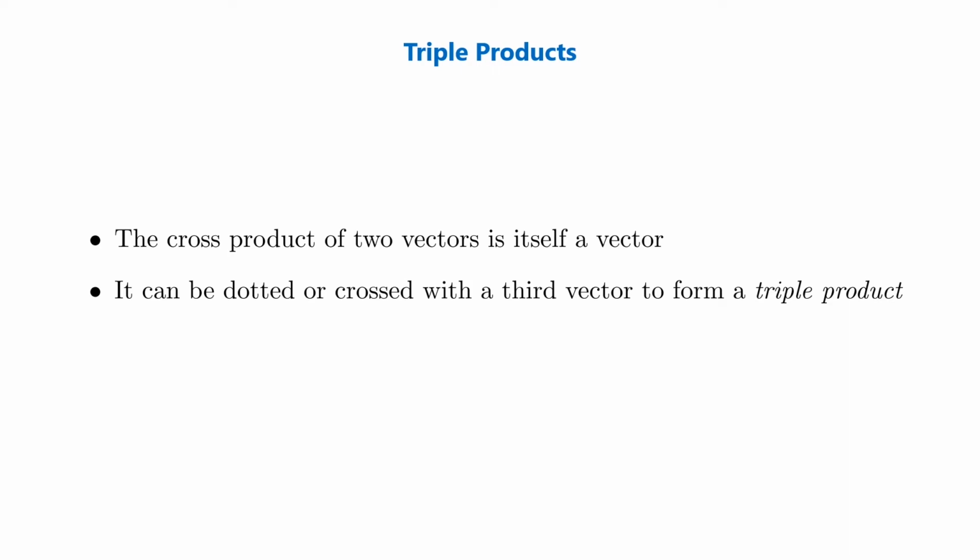The cross product of two vectors is itself a vector. Now, this can be dotted or crossed with a third vector to form what is known as a triple product.